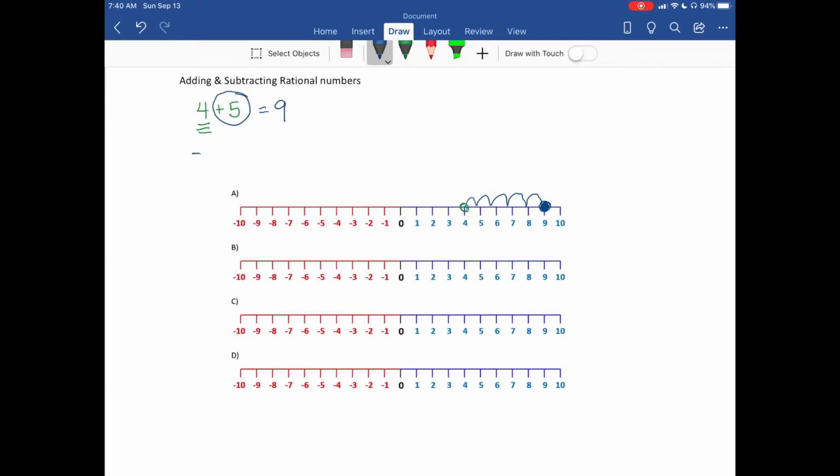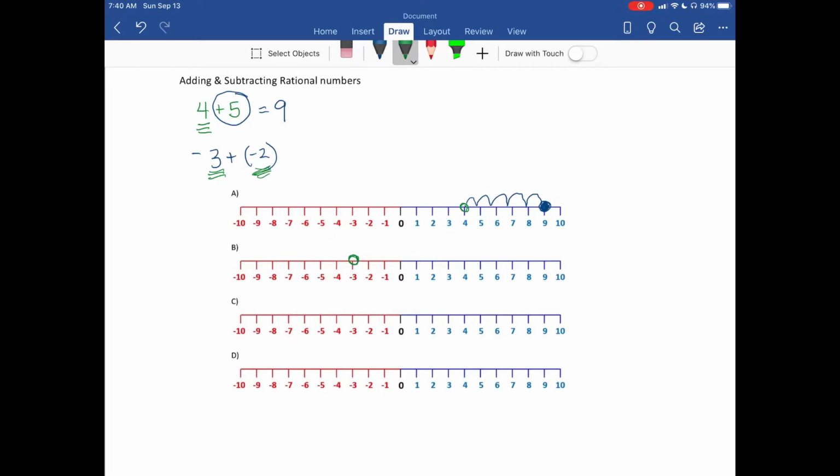But what if we had negative 3 plus negative 2? Well, we end up doing the same operation, except this time, if I'm starting with negative 3, we'll remember that we're going 3 to the left. So there's negative 3, to the left of 0, 3 units to the left. And I'm adding to it negative 2.